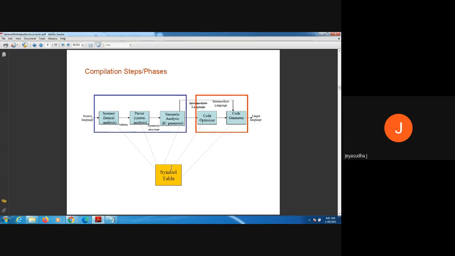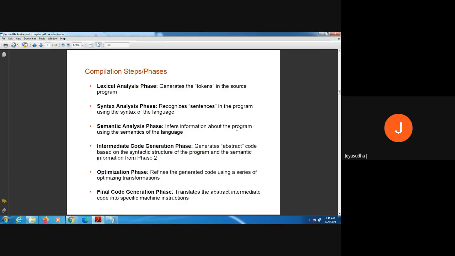The table is like that: whatever process you do, it provides temporary allocation, temporary address generation and temporary storage with the help of the symbol table. Without it you cannot do all these phases of the compiler. I am telling you in general in this class; in detail we will learn in the next class.